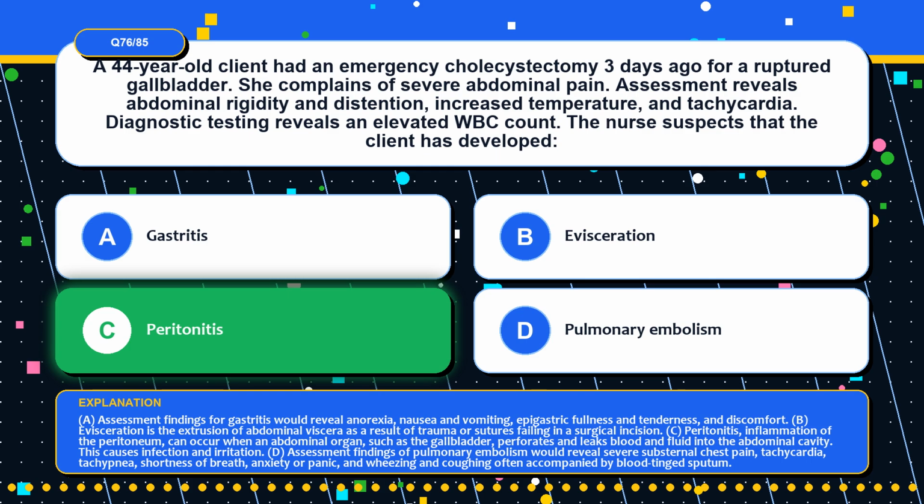C. Peritonitis, inflammation of the peritoneum, can occur when an abdominal organ, such as the gallbladder, perforates and leaks blood and fluid into the abdominal cavity. This causes infection and irritation. D. Assessment findings of pulmonary embolism would reveal severe substernal chest pain, tachycardia, tachypnea, shortness of breath, anxiety or panic, and wheezing and coughing, often accompanied by blood-tinged sputum.